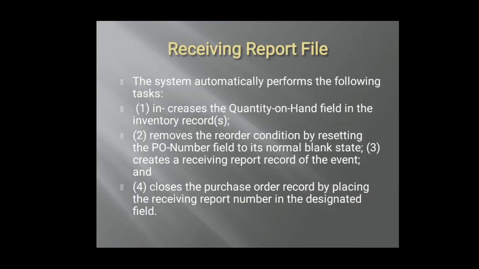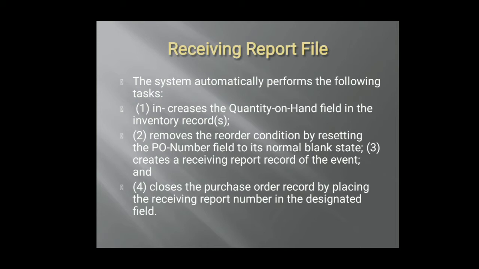They also provide links to related records in the purchase order and inventory files. In the receiving report file, when the items arrive from the supplier, they are counted and inspected, and receiving documents are prepared through a terminal. The receiving clerks enter data about the items received, so the system automatically performs the following tasks. First, it increases the quantity on hand field in the inventory records.